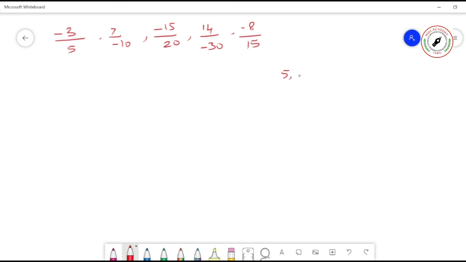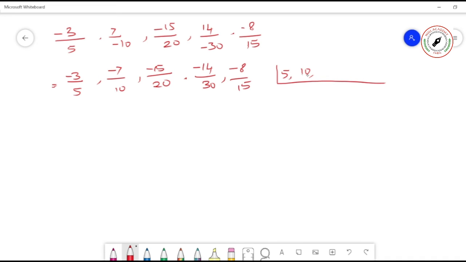For 5, 10, 20, first rationalize these numbers. Minus 3 by 5, minus 7 by 10, you just transfer all the minus signs in the denominators to the numerator, minus 14 divided by 30, minus 8 by 15. Now all the denominators are positive.